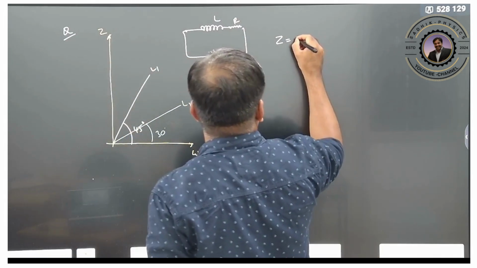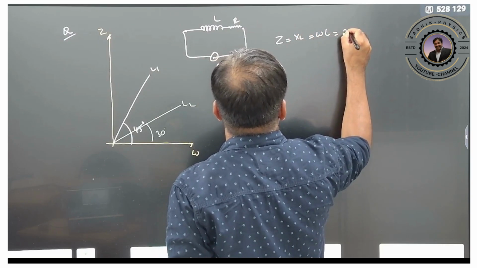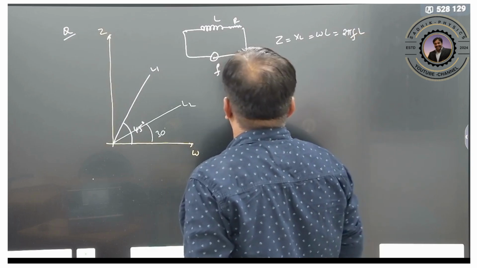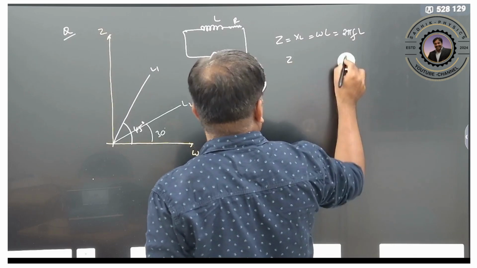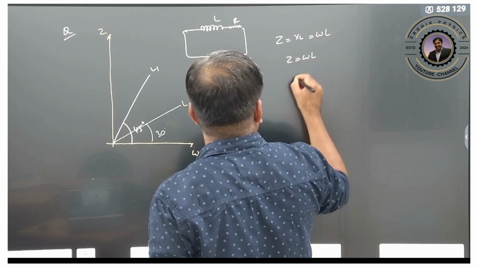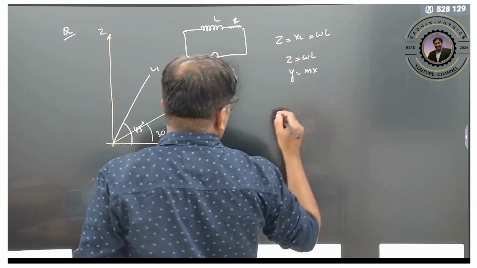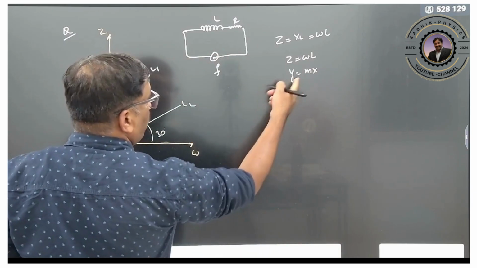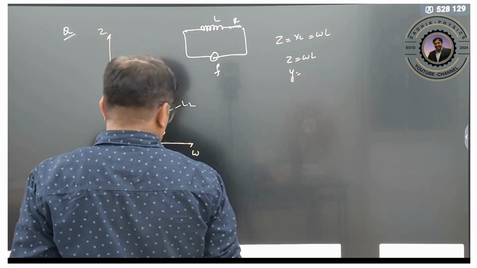So here impedance is nothing but XL. So it is nothing but omega L, therefore 2 pi f into L. L is not required here, no? So here impedance is nothing but omega L, therefore y is equal to mx. It will be like a straight line, right? So straight line, therefore the slope is going to be L.